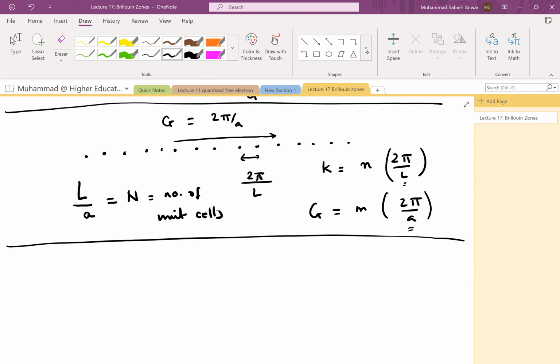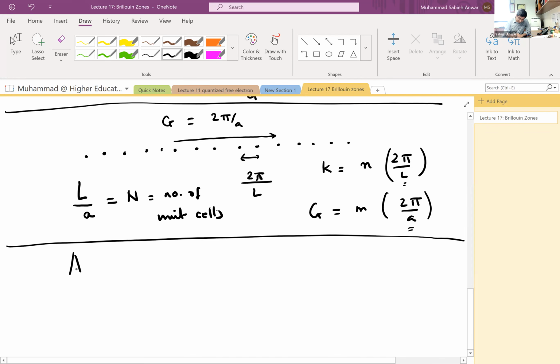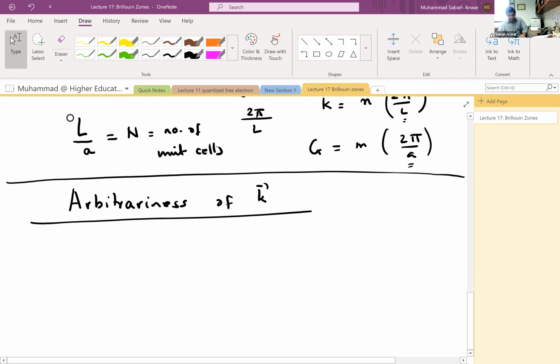All right, so let's talk a little bit about zones. But before we talk about zones, I would like to talk about the arbitrariness of K. Now, what do I mean by the arbitrariness of K? The arbitrariness of K means that for different K points in the reciprocal space, the wave functions at those K points for the Bloch electrons, as they are called, the wave functions that I've written above, are called Bloch functions.